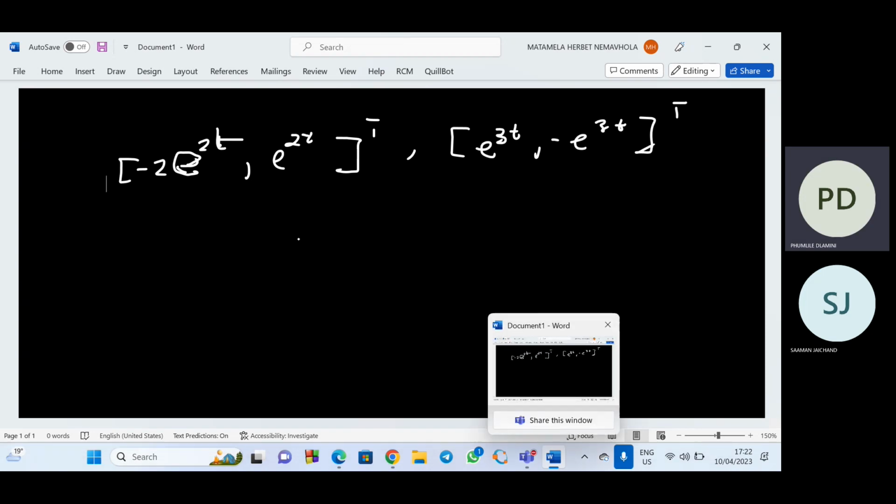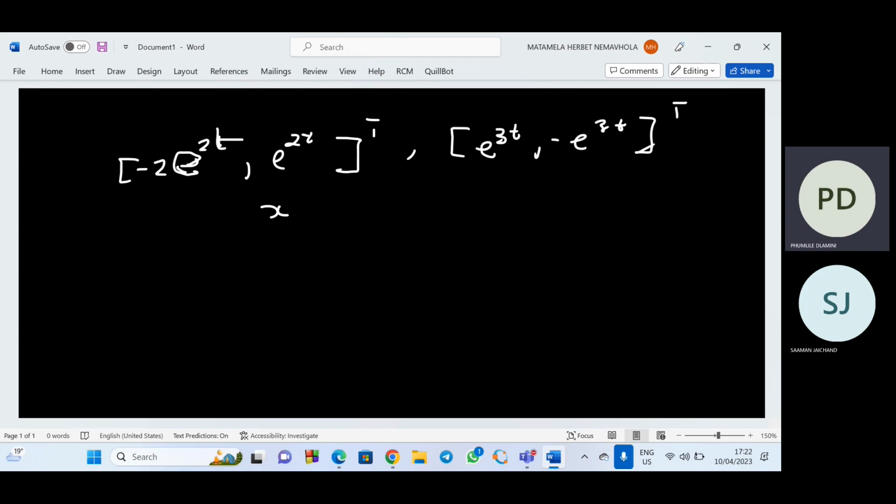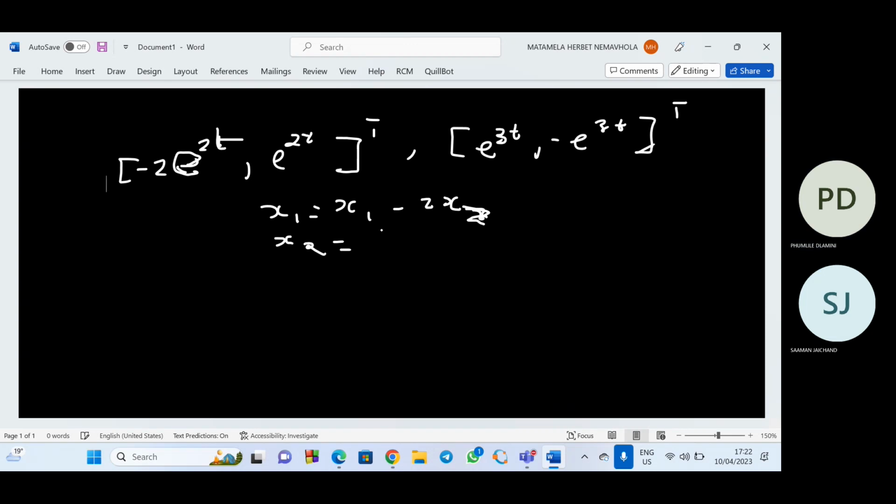This is the system, which is x1' = x1 - 2x2, and then x2' = x1 + 4x2.